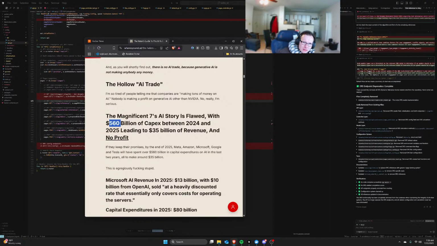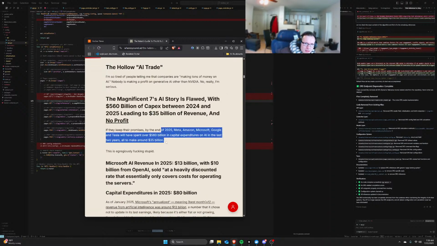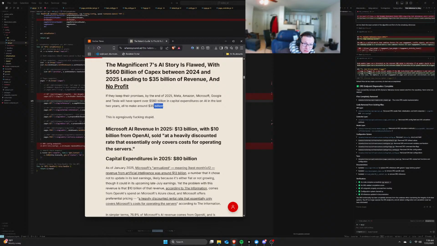Holy shit. Wait, what? Only 35 billion of revenue? Damn. Jesus Christ. Two years to make about 35 billion.